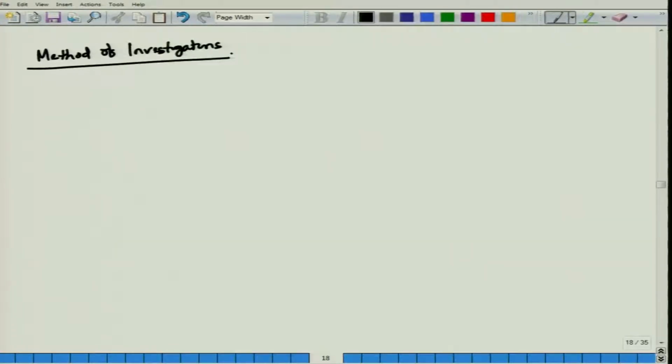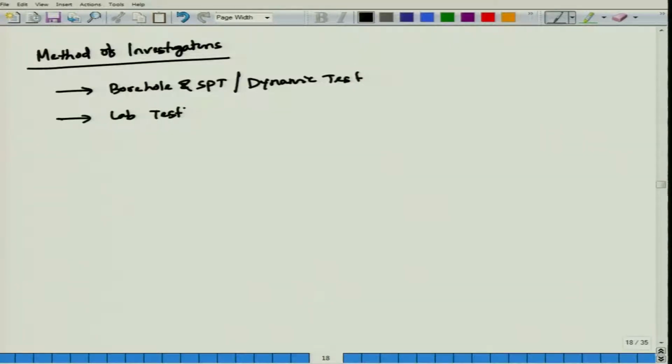In method of investigations there are two parts, one is laboratory, one is field. Generally in the field you go for borehole and SPT or any dynamic test, then your laboratory test to find engineering properties and classifications.